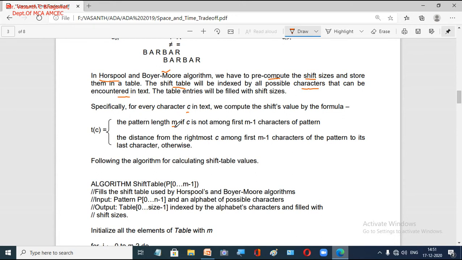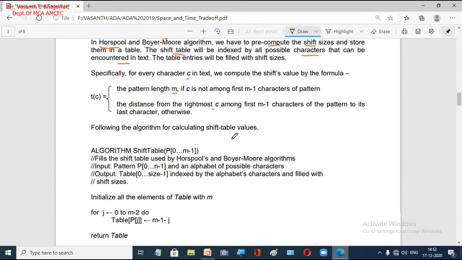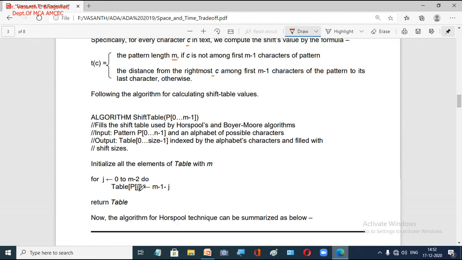So we shift it completely by the length m if C is not among the first m-1 characters. Otherwise, we find the distance from the rightmost occurrence of character C among the first m-1 characters of our pattern. Right? Now, based on that, we are going to design the shift table.